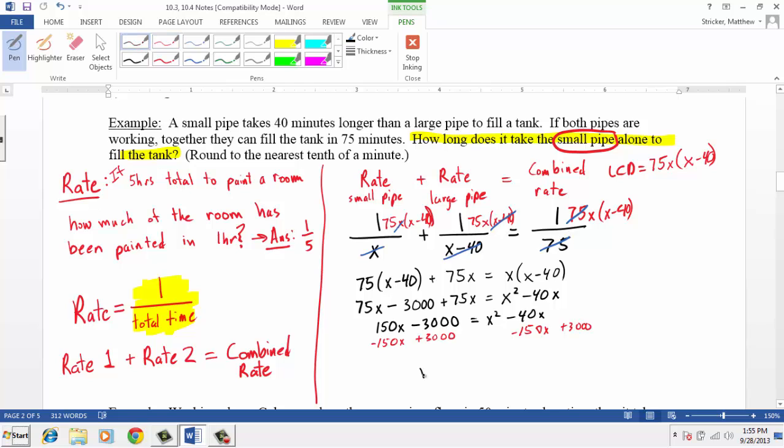Which gives us x squared minus 190x plus 3,000 is equal to 0.